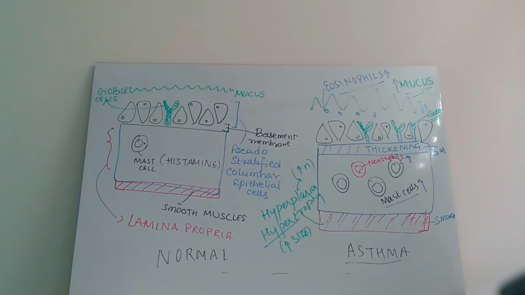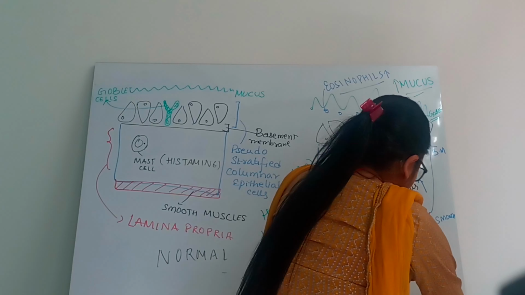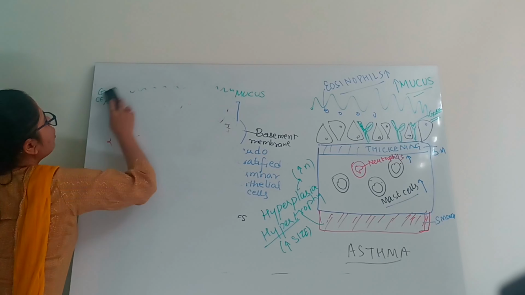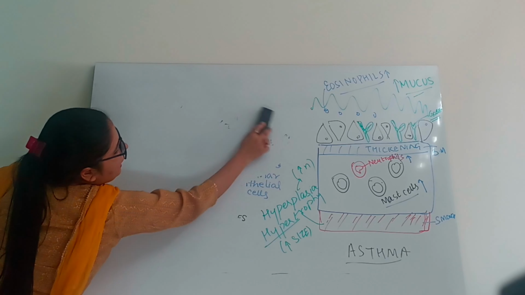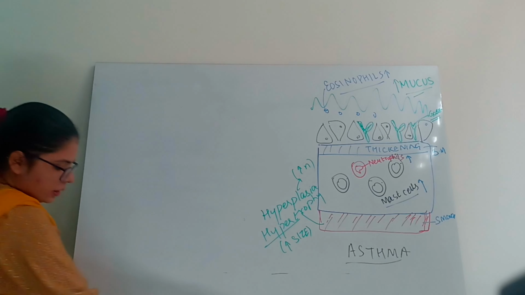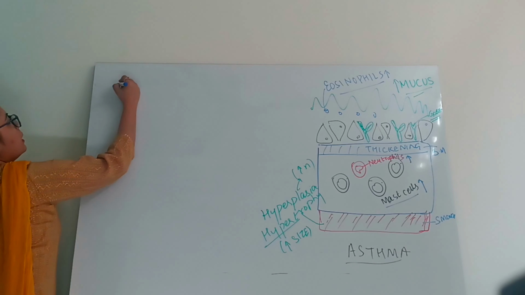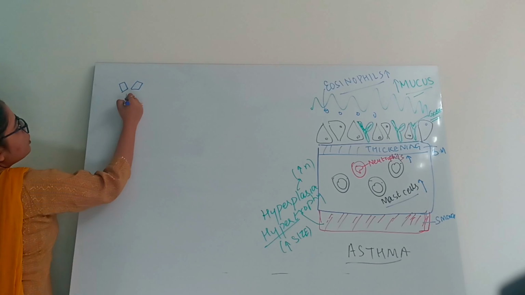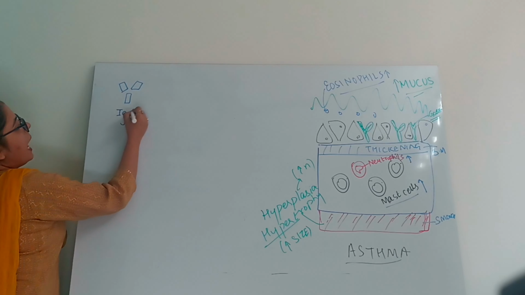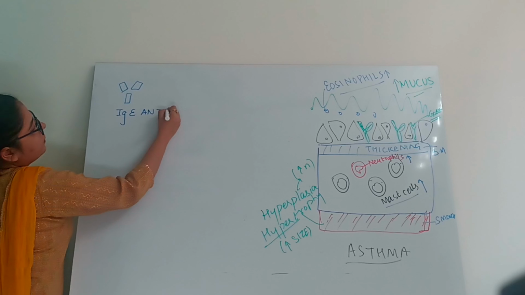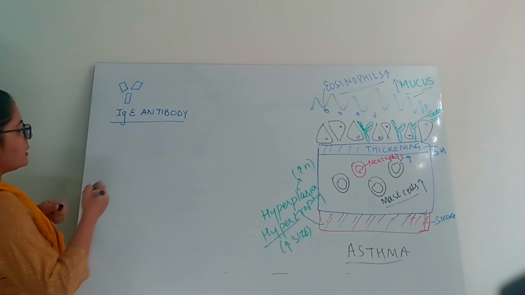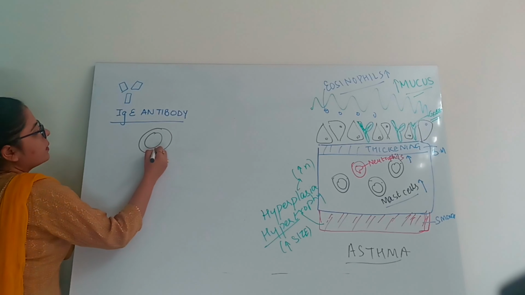So now let's see the pathophysiology of how all this is happening. I'll just keep that part and let's discuss the pathophysiology here. I'm just naming a few cells for you to have an idea of what we'll be discussing. There is one thing called the IgE antibody, and there is a cell called the mast cell.